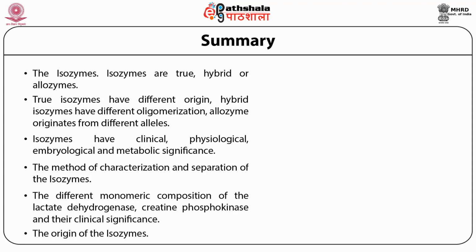We have discussed how true isozymes differ from hybrid isozymes and how hybrid isozymes differ from allozymes. True isozymes have different origins, hybrid isozymes have different oligomerization, and allozymes originate from different alleles.